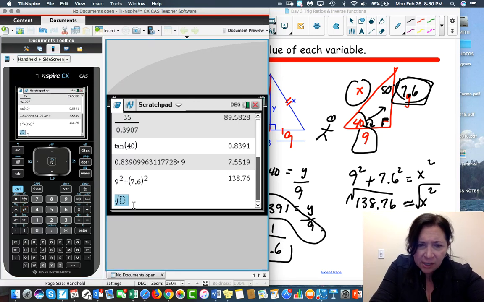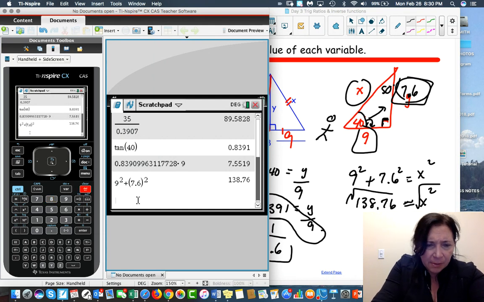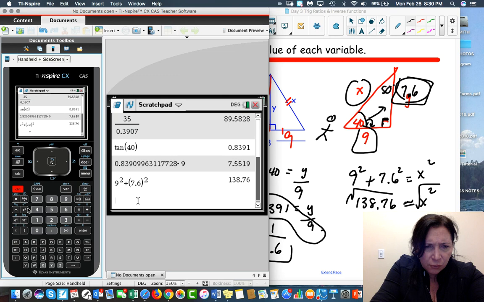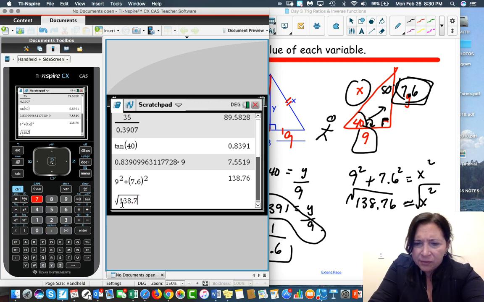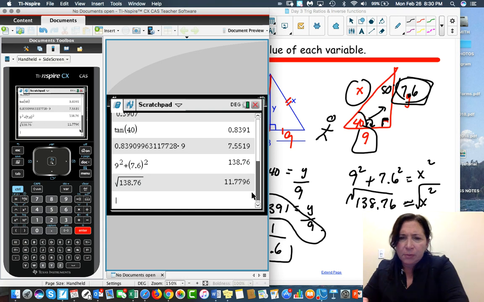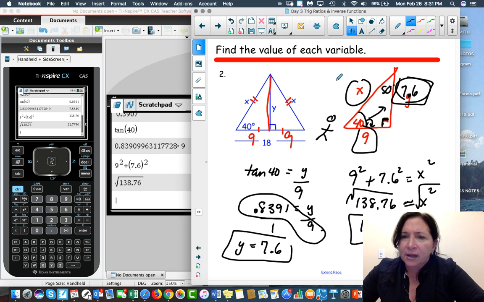So control square root of 138.76. And I'm going to enter, and I get 11.78. So x is about 11.78, so we'll go 11.8. And look at your answer and ask yourself, does this make sense?